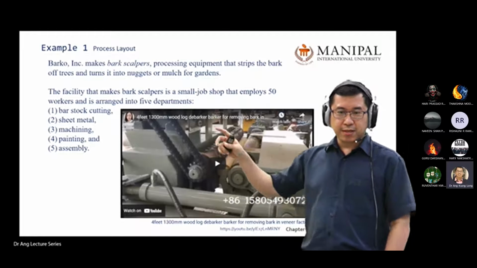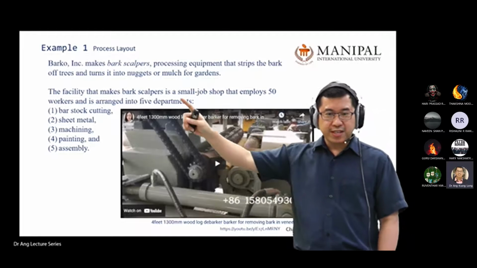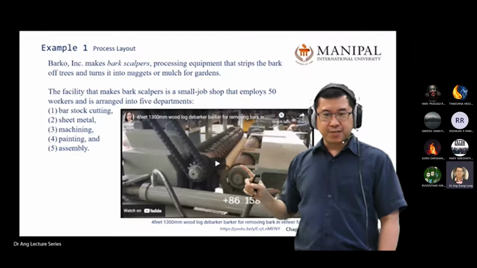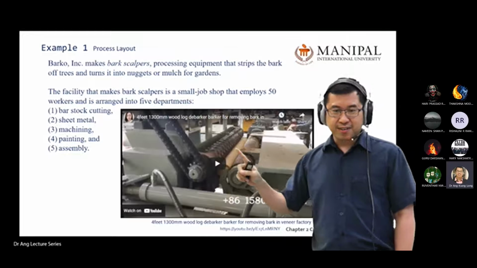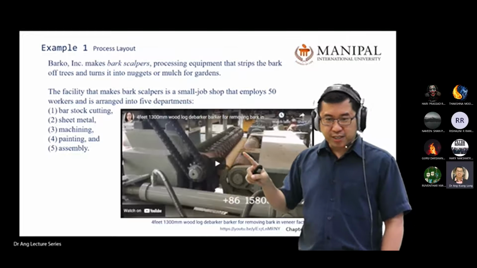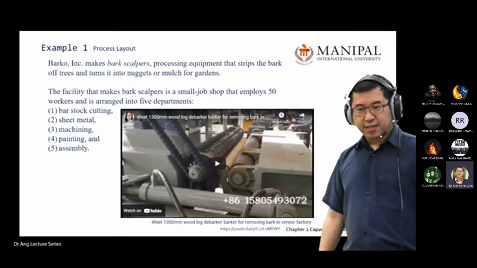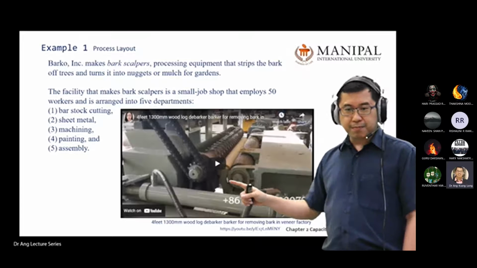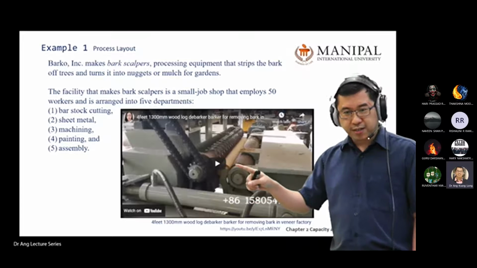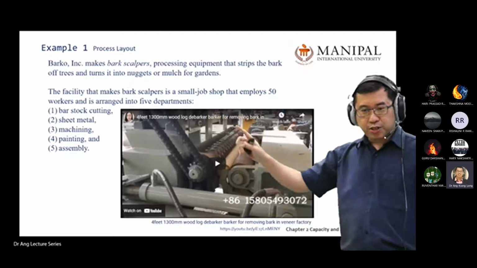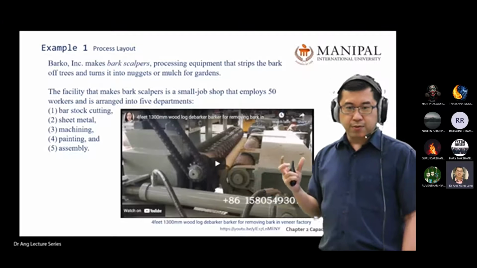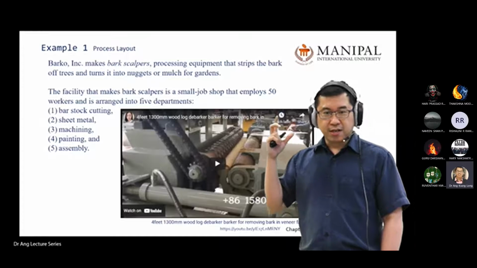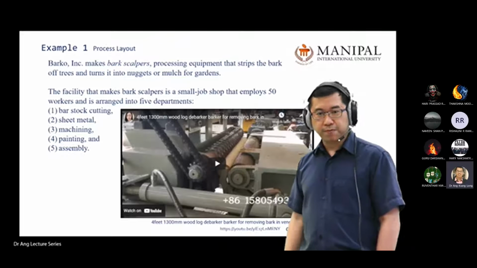But what I want to show is what is meant by bug scrapers. It's a machine to remove the bugs from the tree trunk here. It can have a lot of different mechanisms, but the function is to remove the bugs. This question does not necessarily refer to this kind of design. It just gives you some idea of what this company or scenario is.